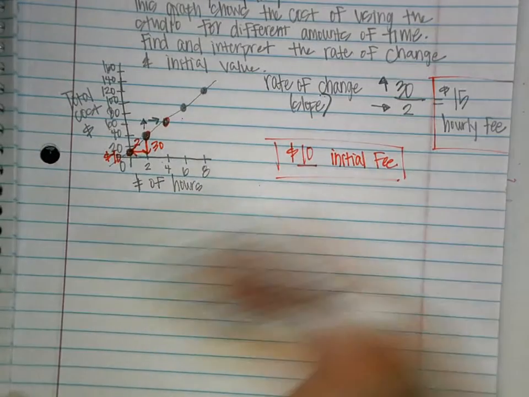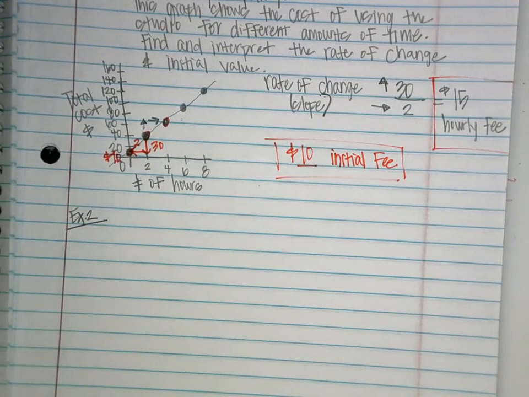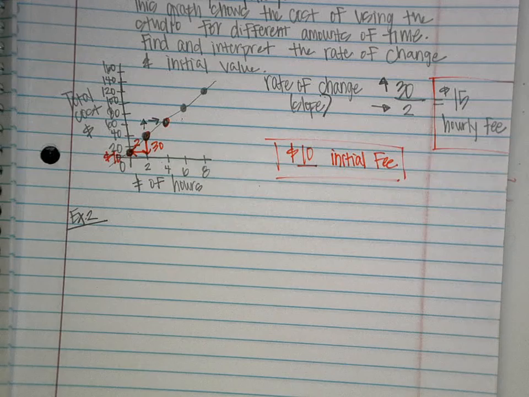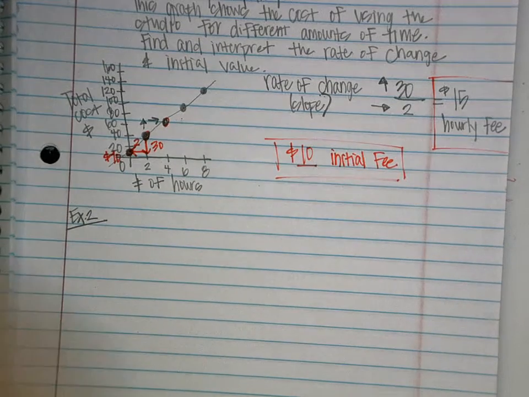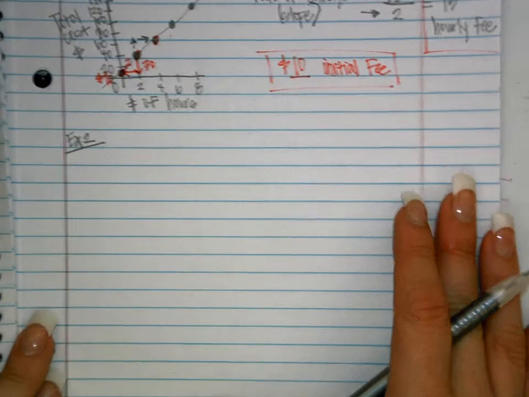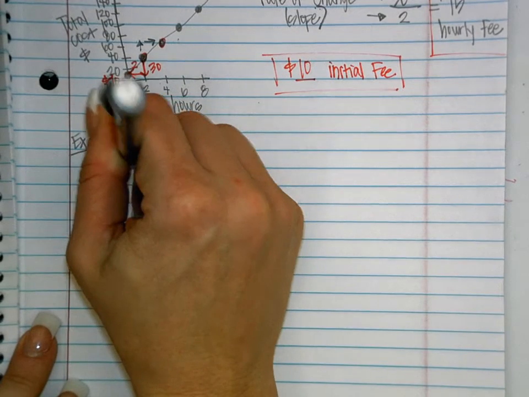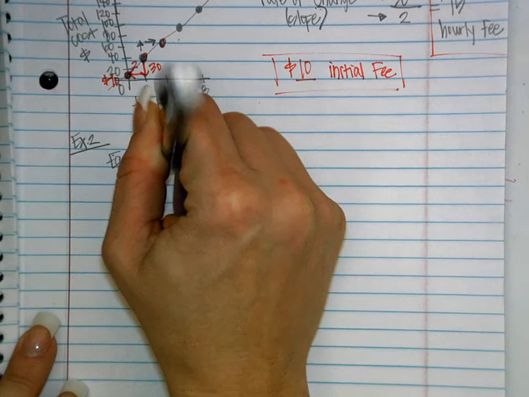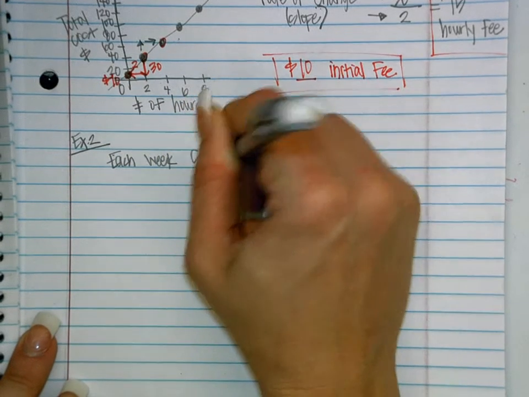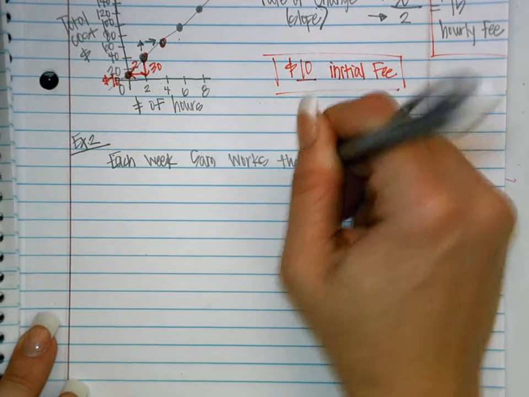Okay, let's try another one for number 2. Again, we want to find and interpret rate of change and initial value. Okay, so each week Sam works the same number of hours.